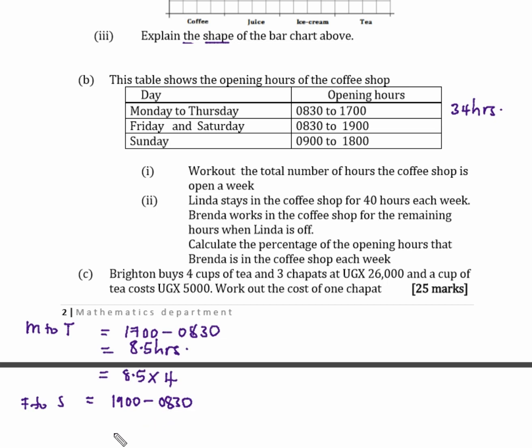So that is 19 minus 8.5 hours, and those are 10.5 hours. But don't forget that we have 2 days from Friday to Saturday. That is Friday and Saturday itself. Therefore, 10.5 times 2, that is 21.